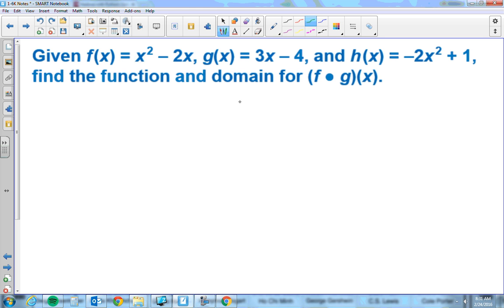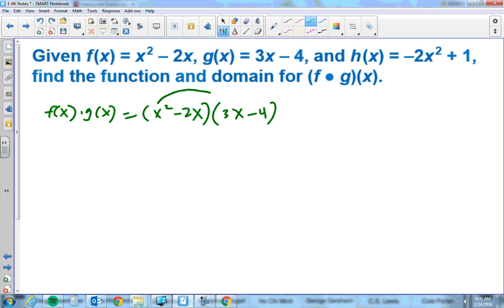All right. Now we're multiplying, so we have to do f times g. So that means we're doing x squared minus 2x times 3x minus 4. You just FOIL it out. If you do first times first, you get 3x cubed, right?